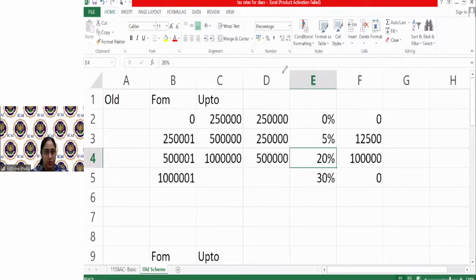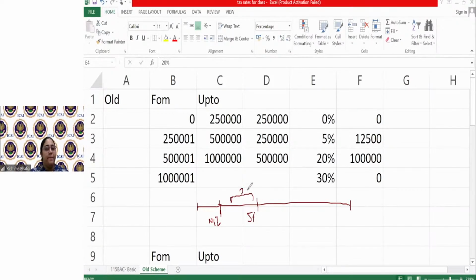are as such. That is, now the income would be divided into slabs of 2 lakh 50. On the first 250, nil. On the next 250, 5%. Then this is such a bad handwriting, extremely bad.